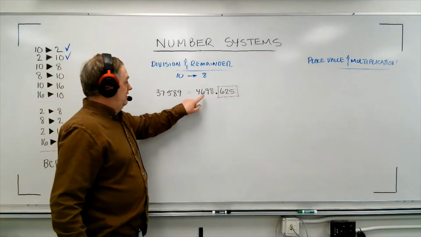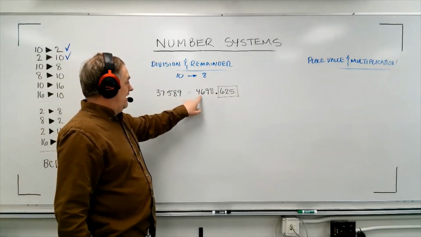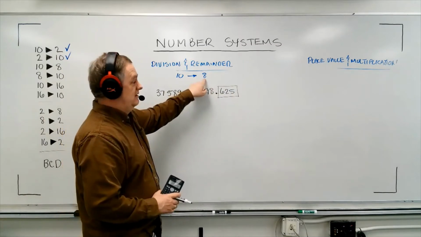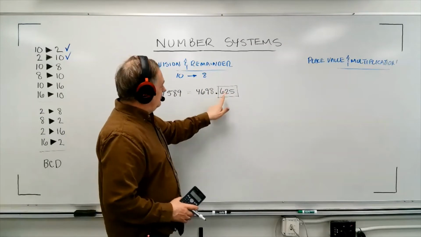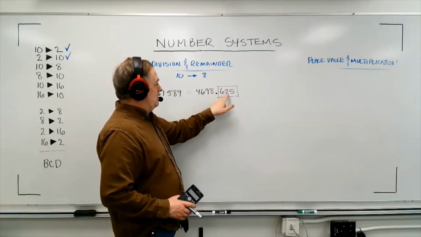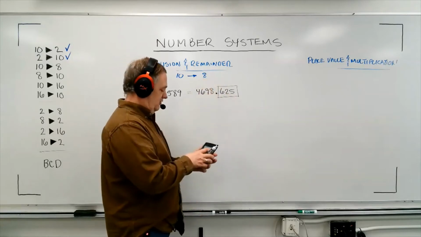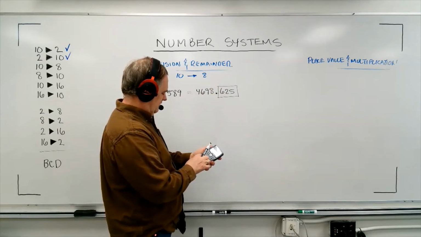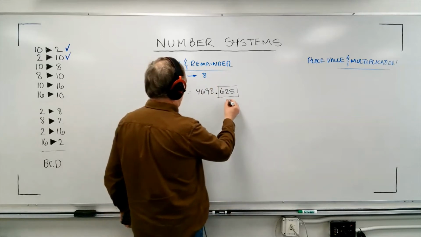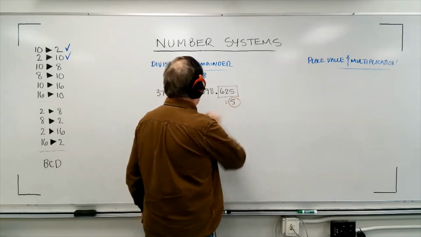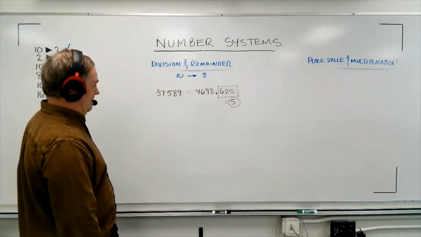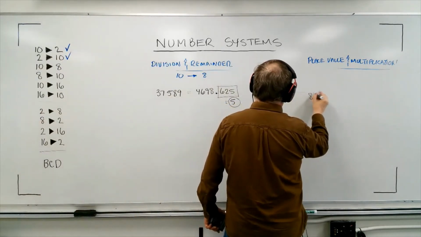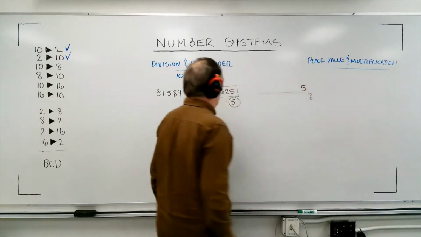Well, what this means is we actually have 4,698 groups or divisions of 8. And then our remainder is only 62.5% of 8. And so if I go 0.625 times 8, that equals 5. And so that's actually my remainder right there. 5 is the remainder. So that means that over here, I'm going to make my base 8 number, and the first character is going to be 5.